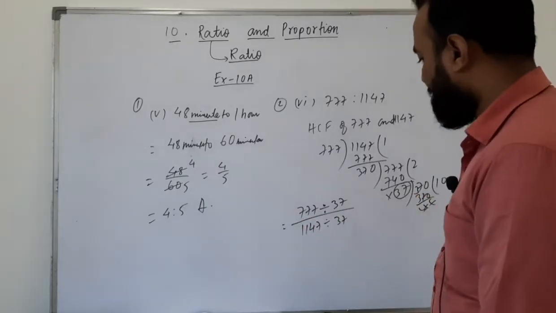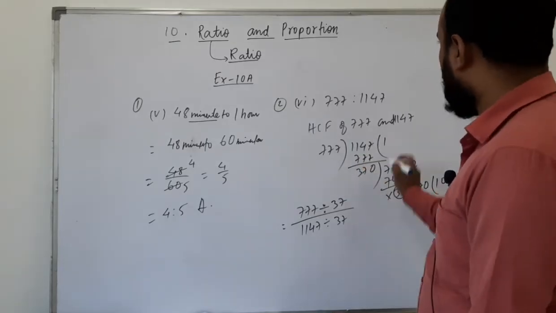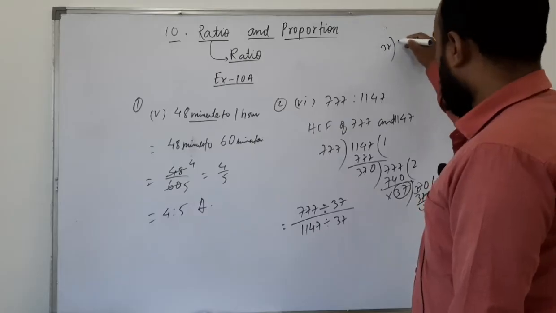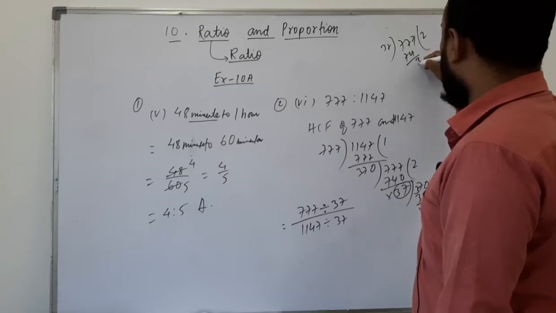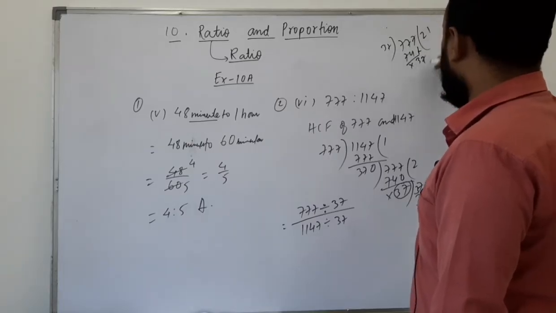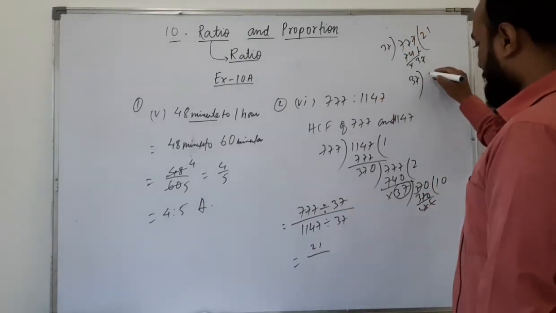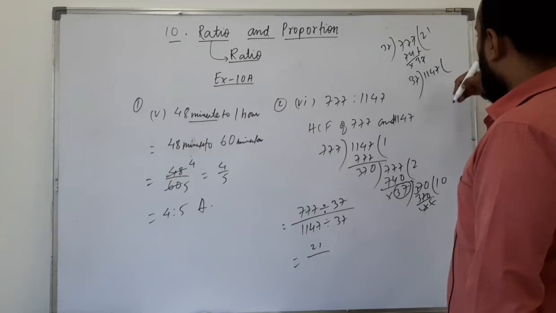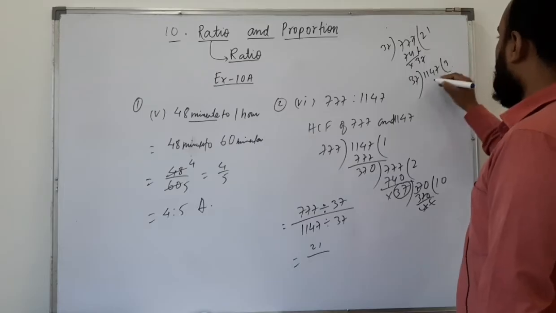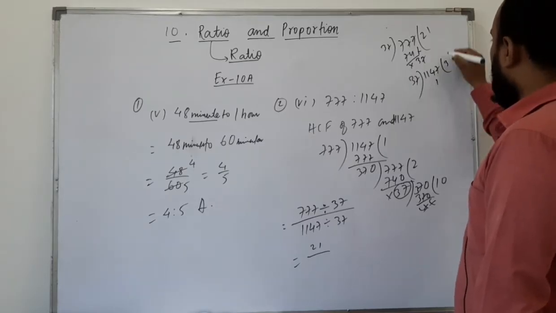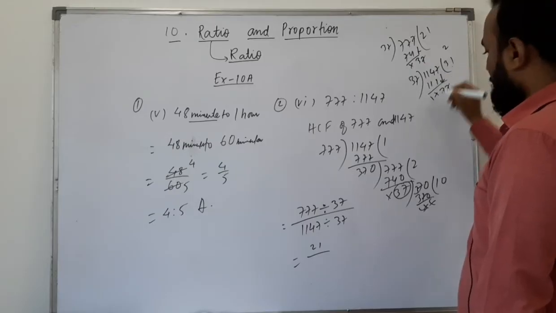You have to divide it, okay. So I am dividing here: 37 into 777 is 21. Again, 37 into 1147 is 31.